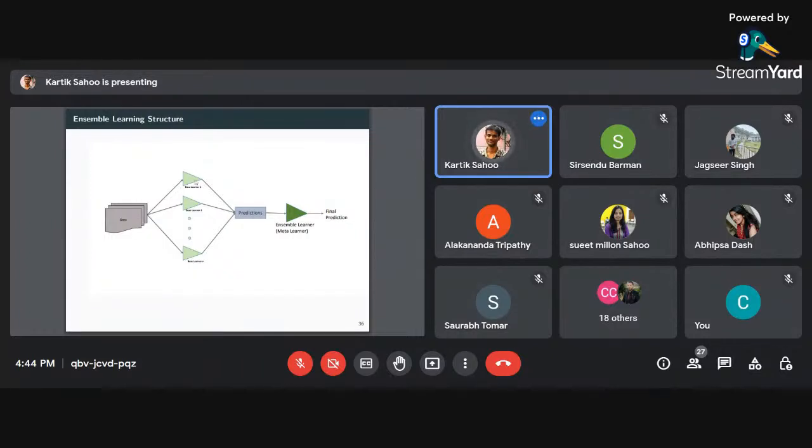Simply, we take the base learners, do the prediction, then feed it to the ensemble learner. That is a strategy that we define, user defined. For example, in classification, we take the maximum votes, the mode of all the predictions that we get.